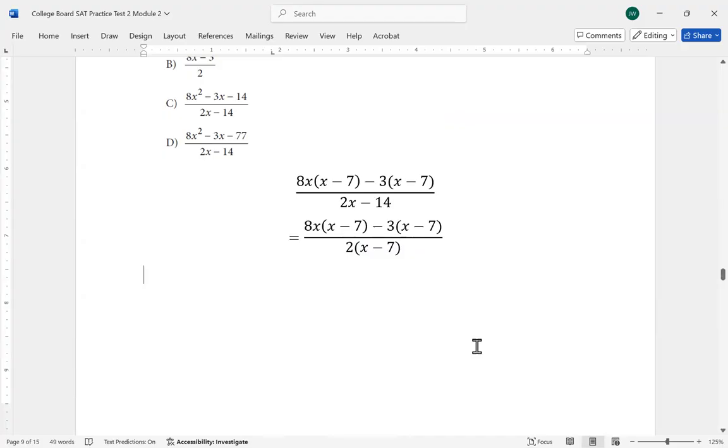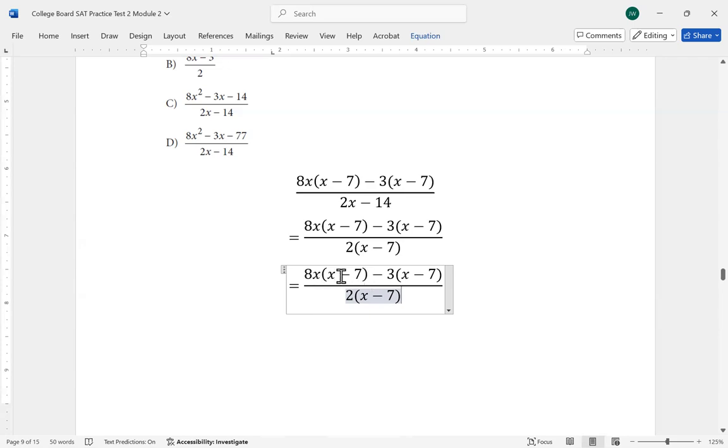Therefore, what we can do is look at the top part of this equation, the numerator, and say, well, each of these x minus 7s is going to cancel out with the x minus 7 on the bottom.